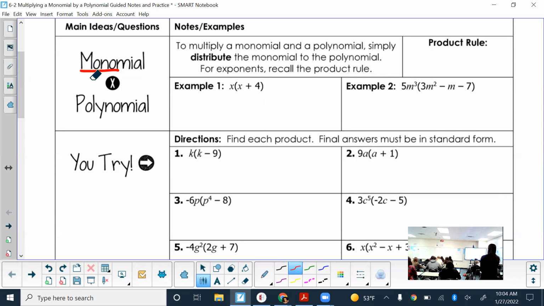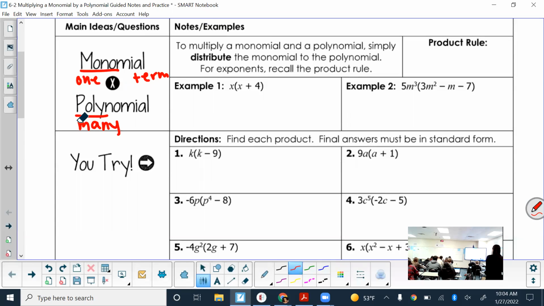One term. So we're looking at one term polynomials times a polynomial. So what does poly mean? Many. So formally, the formal definition for polynomial is 4 or more terms.